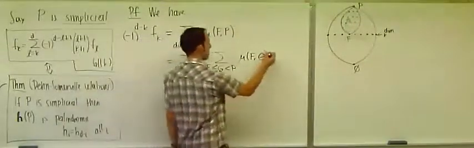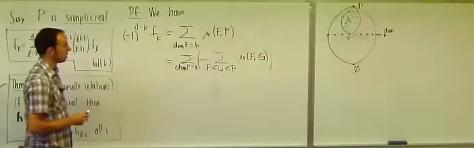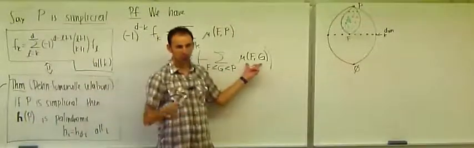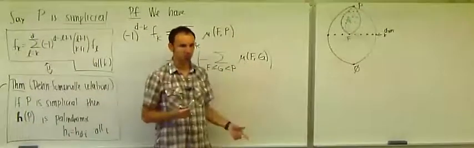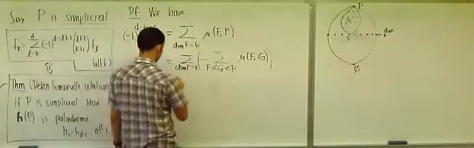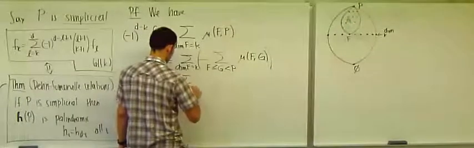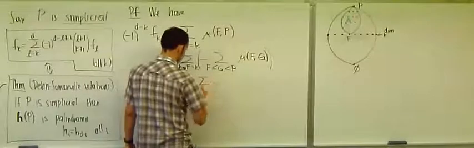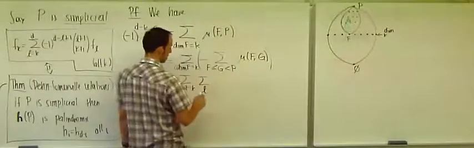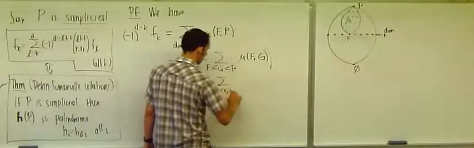So I get this. Now, the thing is that this number is also very easy because mu of f comma g is also minus 1 to the dimension of g minus dimension of f. That only depends on the dimension of g. And so let me just do the following thing. Sum over the different dimensions that G could have. So I'm just separating this sum by dimension.